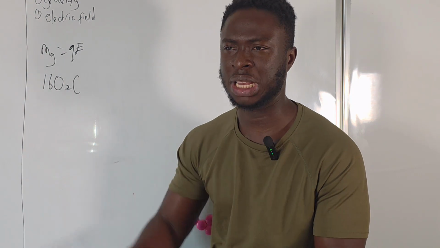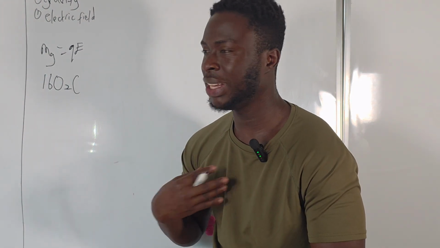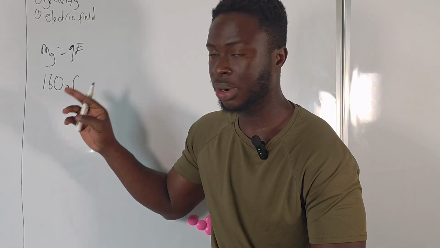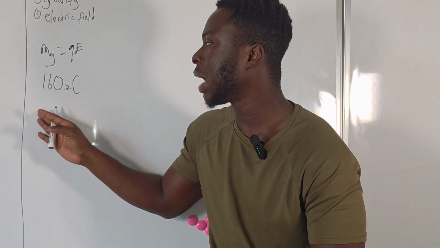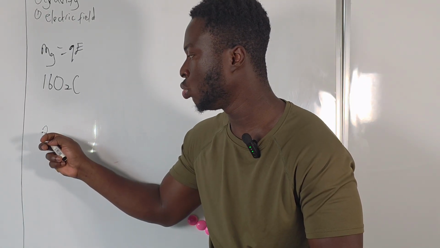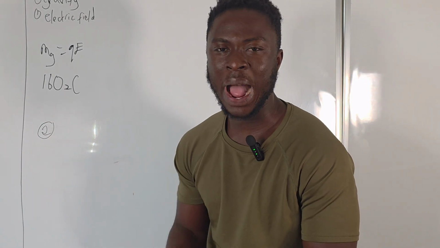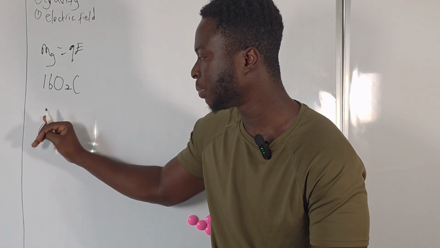Now you ask yourself, why 160 zeptacoulombs? Why wasn't it maybe 80 or whatever? And also, if you tell me that the charge it could carry comes in multiples of 160, then I could also be like, well, isn't 160 a multiple of 2? So why is the base charge not 2? Why is it 160 zeptacoulombs?